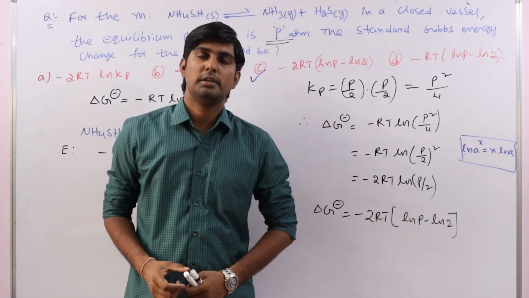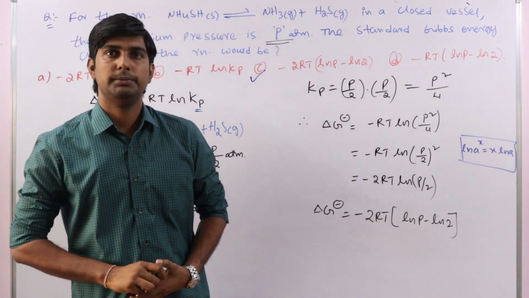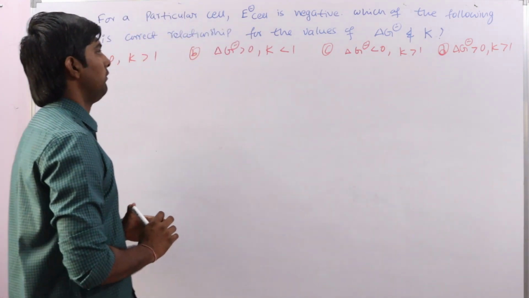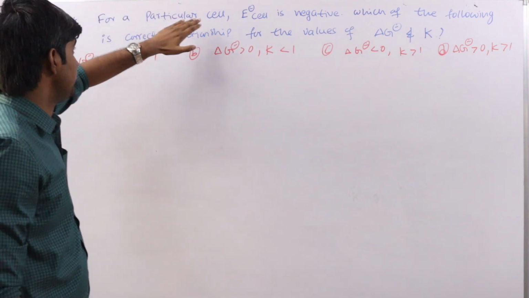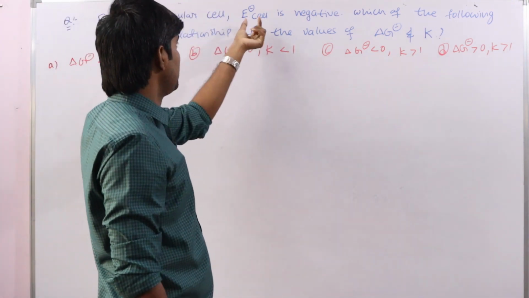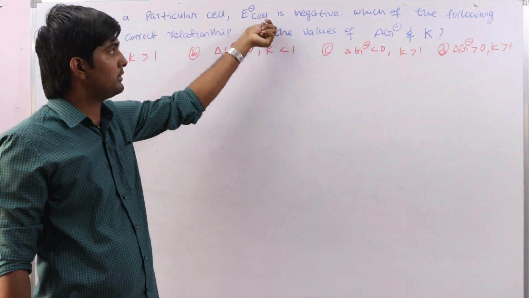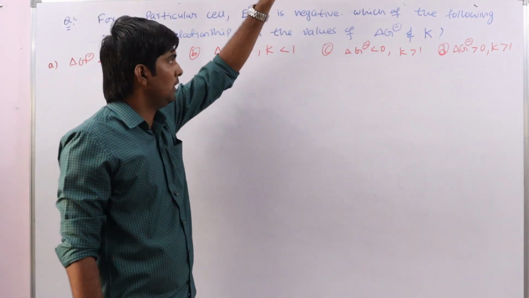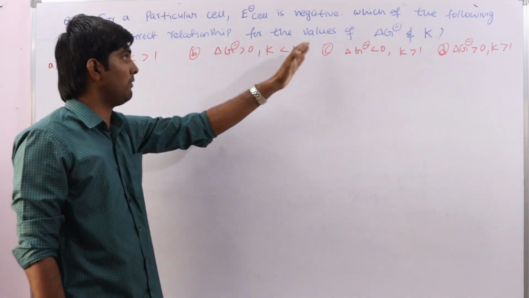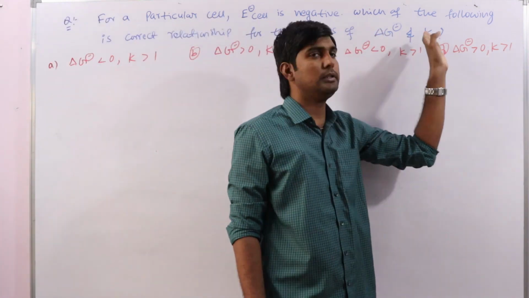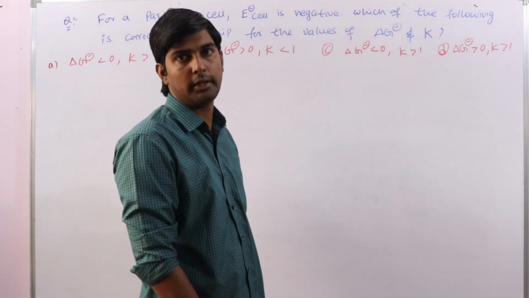Clear? Now let us see one more problem, another model, very important. For a particular cell, E naught cell, the standard EMF of the cell, is negative. Which of the following is the correct relationship for the values of standard free energy change and equilibrium constant K?